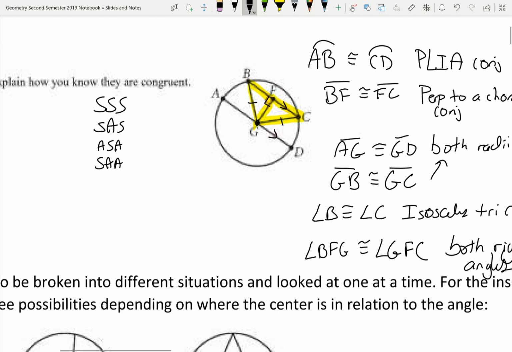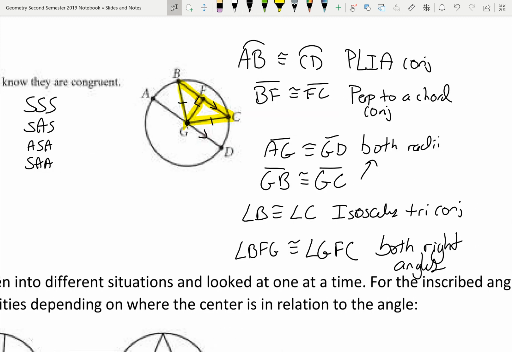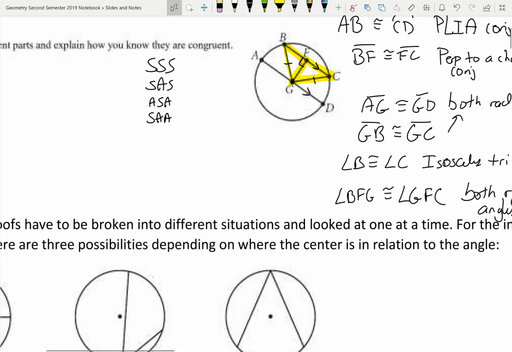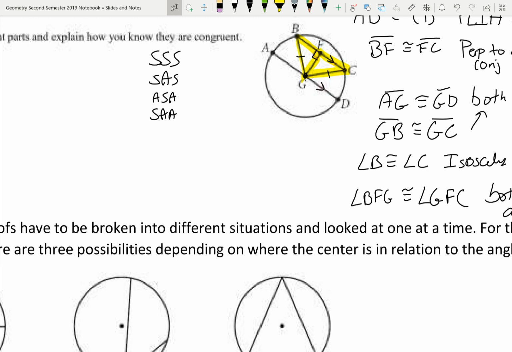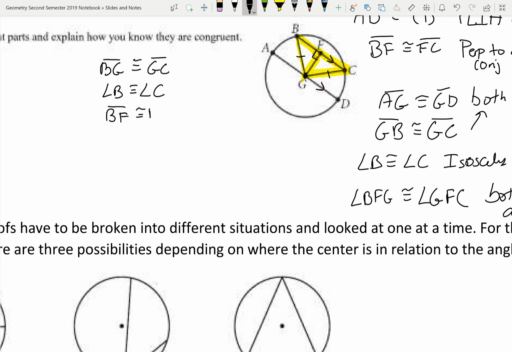And so let's just kind of pick one. Let's do side, angle, side right here. So if we were to do side, angle, side, we would first need to prove a side, so BG is congruent to GC, and then angle B is congruent to angle C, and then BF is congruent to FC.